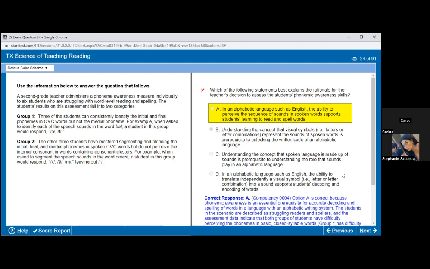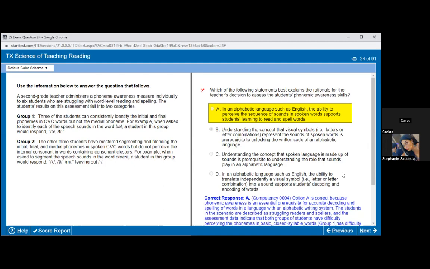Understanding the concept that spoken language is made up of sounds is a prerequisite to understanding the role that sounds play in the alphabetic language. The ability to translate independently a visual symbol, letter, or letter combination into a sound supports students decoding and encoding words.